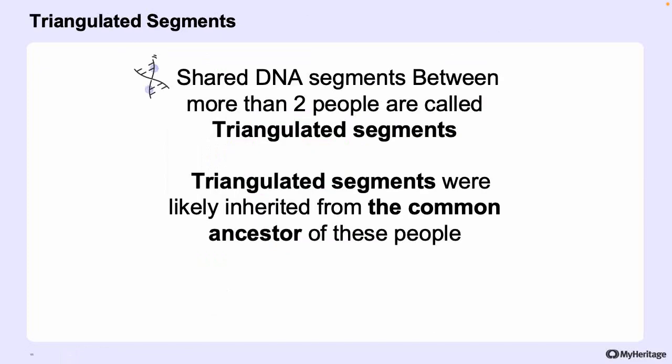But shared DNA segments can be not just between two individuals. It can be more. Shared DNA segments that are shared between more than two people are called triangulated segments, from the word triangulation or triangle, because it involves three or more people. Triangulated segments are most likely inherited from the common ancestor of these people.